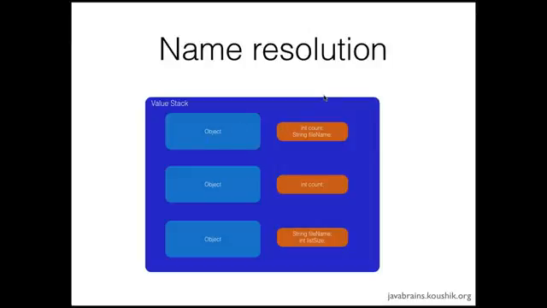So what the value stack does is it makes it easy to access these member variables. You don't actually have to go to the object and then to the member variables. You can access the member variables as if it were a part of the value stack. What the value stack does is it kind of takes the role of a virtual object that has all the member variables of all the objects that it has.